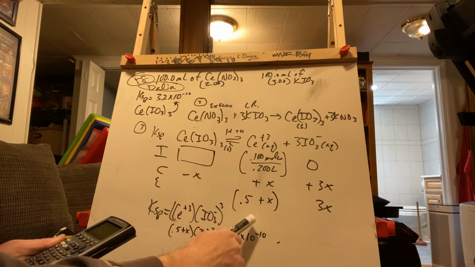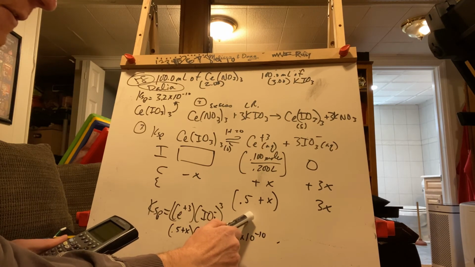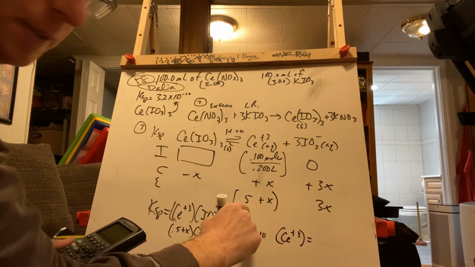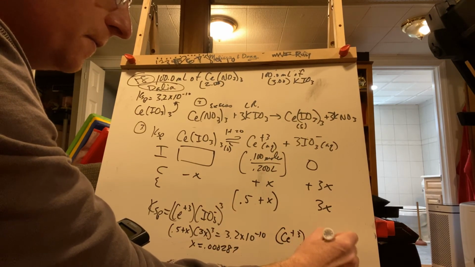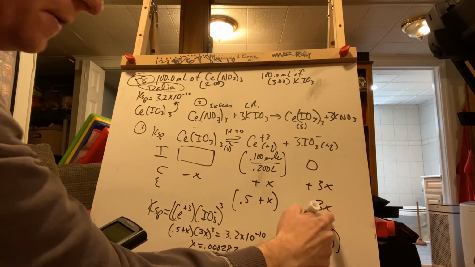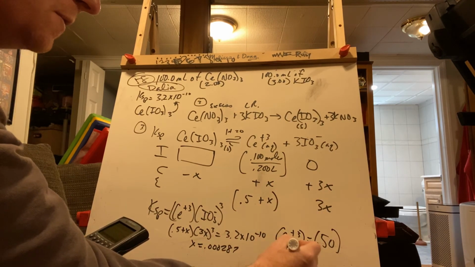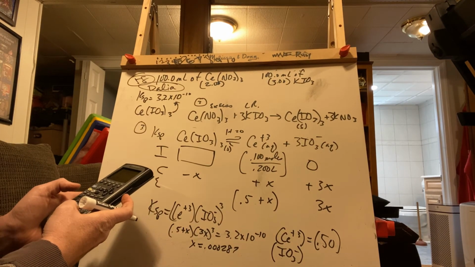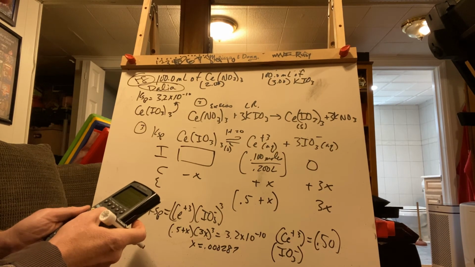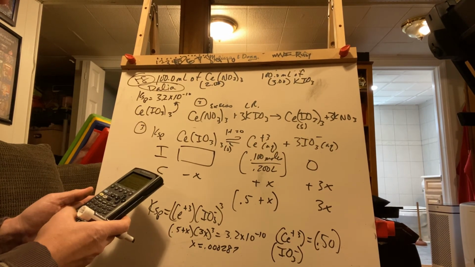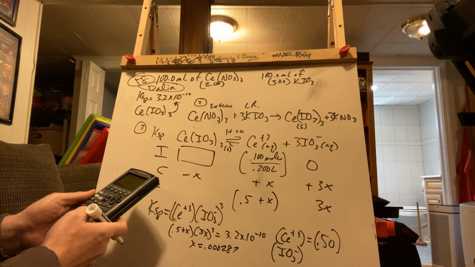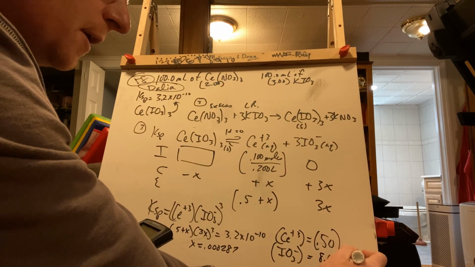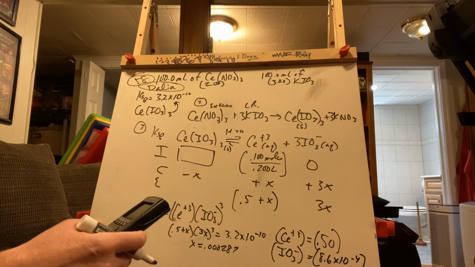So my final calculations are going to be the Ce3+ is basically 0.5. I mean, you could add on the 0.000287, but it doesn't matter. And then the IO3 minus is just 3 times that number. Sorry, I'm just going to use 0.000287 times 3, and that gives me 8.6 times 10 to the negative 4th. Okay. And there's your answer.